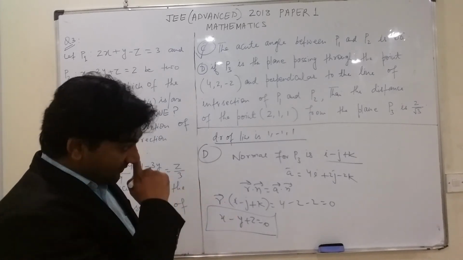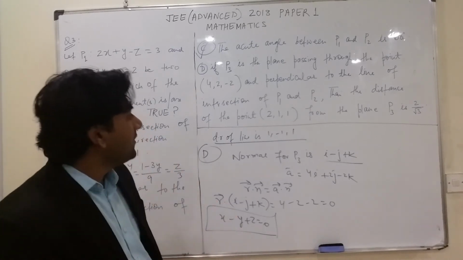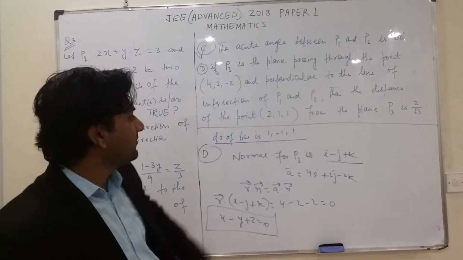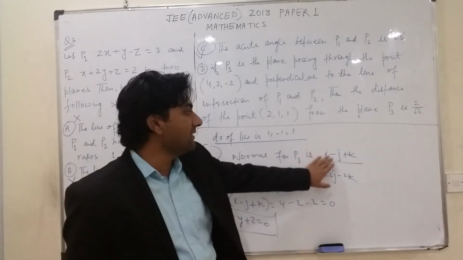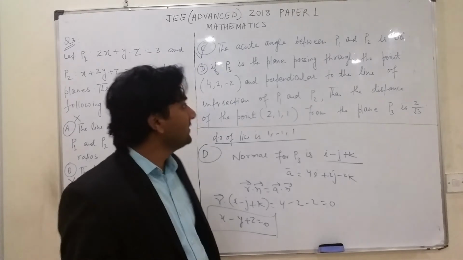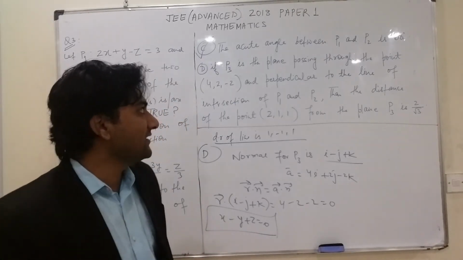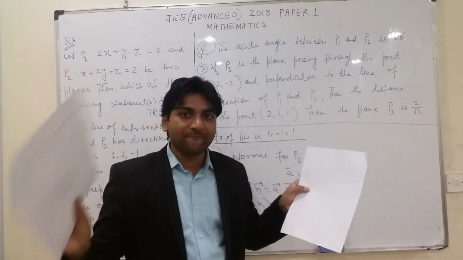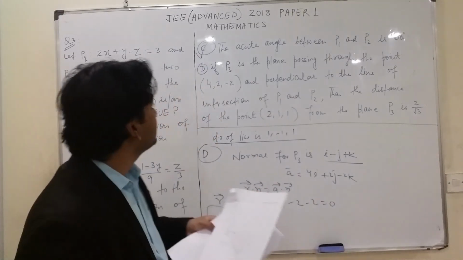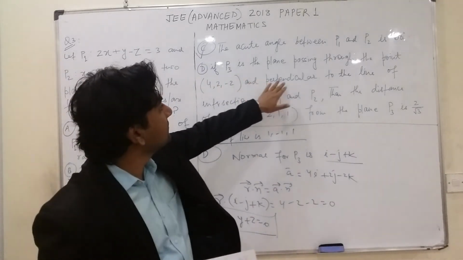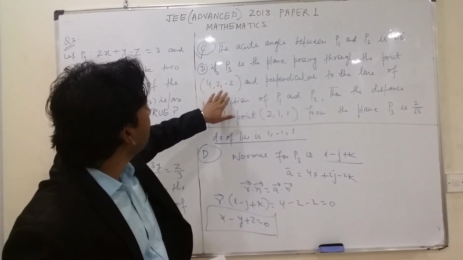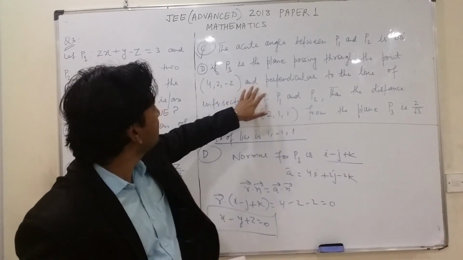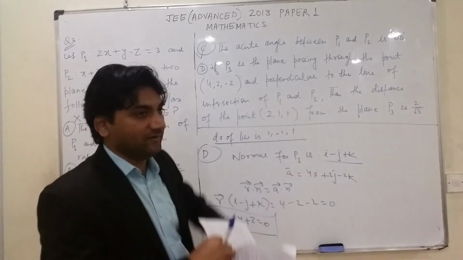I think some students are wondering how I have considered the normal of P3 as i minus j plus k, right? Now again I'll try to explain this. And these two are two different planes, okay? And P3 is a plane passing through the point this and perpendicular to the line of intersection of this plane.